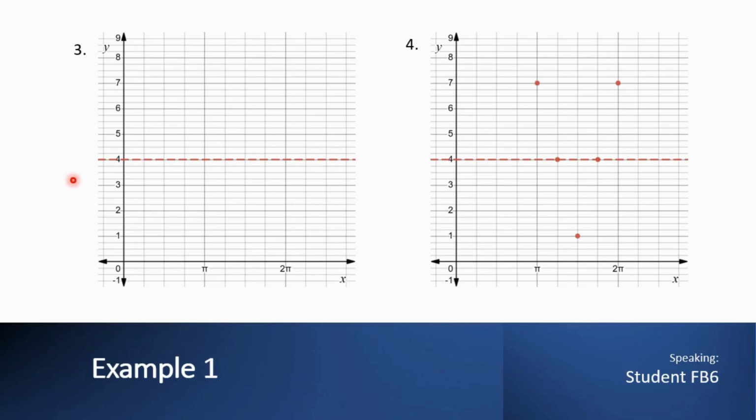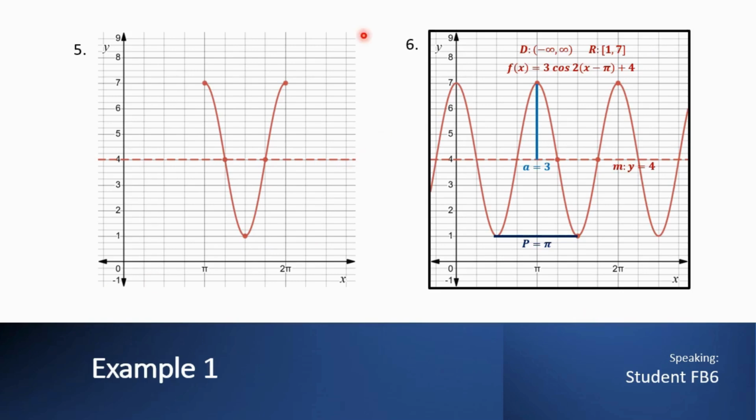Continuing, here we draw the midline and then we plot the points according to the formula, or you can use your intuition. And then we sketch a smooth curve across these points, and then we expand the graph according to the given interval.